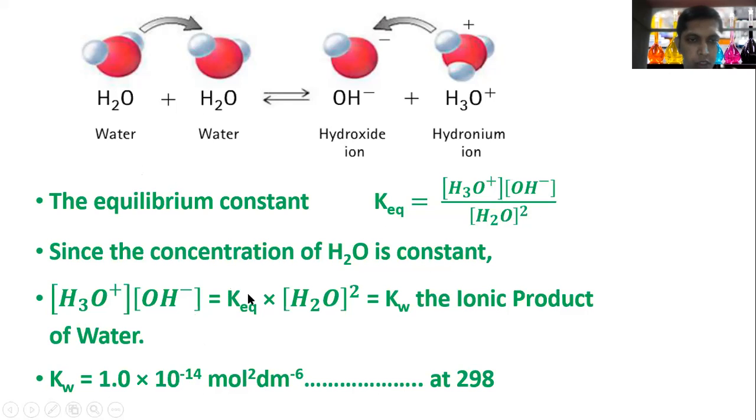So the product of these two constants will give you a new constant, which is nothing but the ionic product of water. Now the value of this ionic product of water has been found to be equal to 1.0 into 10 raised to power minus 14 moles per dm cube.